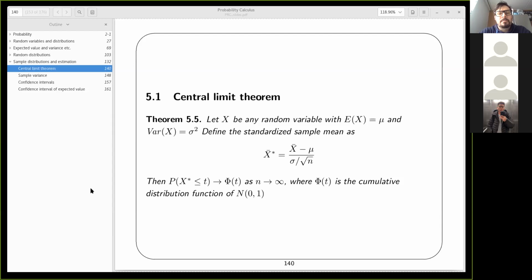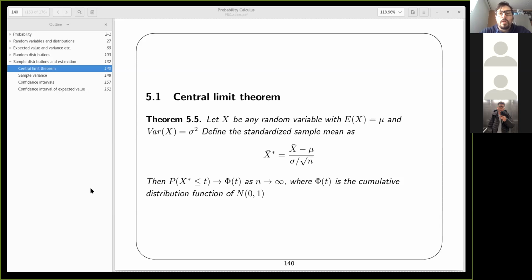Yeah. So let's state it. If X is any random variable with a known variance and expected value, and we define the standardized sample mean, where we take the sample mean, subtract mu from it and divide by sigma over the square root of n, then this so-called standardized sample mean will have a distribution that closely resembles the 0,1 normal distribution when n approaches infinity.